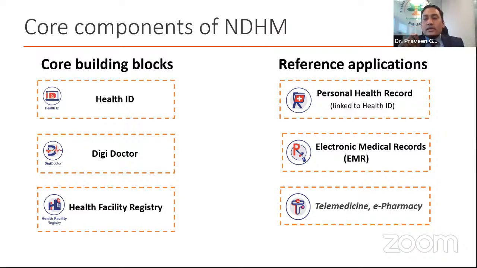So I enter my health ID there. It will fetch my health records across all the hospitals in India at one place, and it will be arranged there. So I will have my records on my mobile, and I can also use this same mobile for providing consent whenever some doctor wants to see those records. So this is PHR.